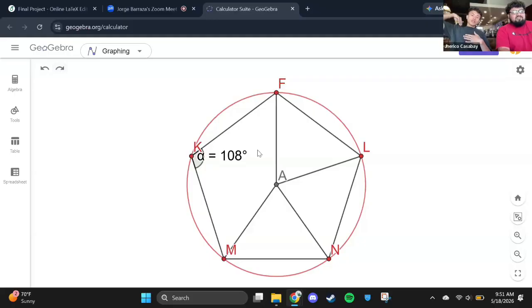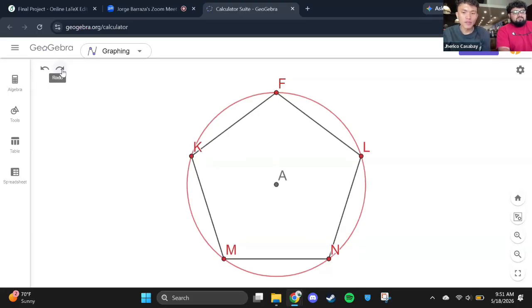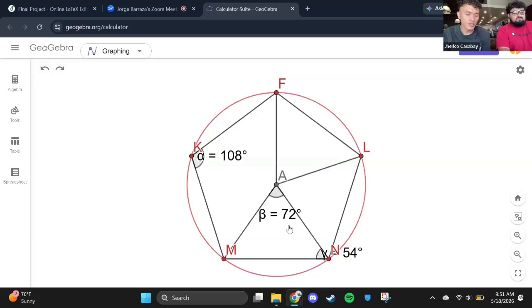So all these triangles are isosceles, and we have base angles. We first have the angle 72, which is 2 pi over 5, but then we also have the base angle 54, and 54 is equivalent to 3 pi over 10.